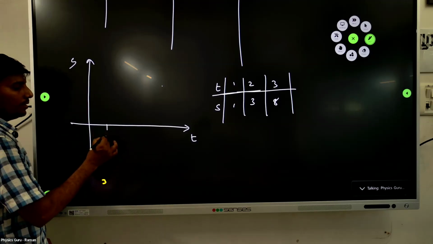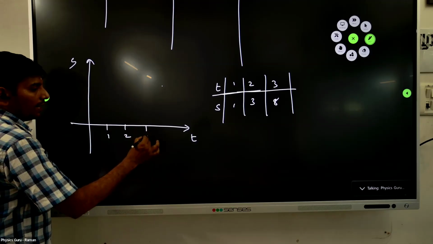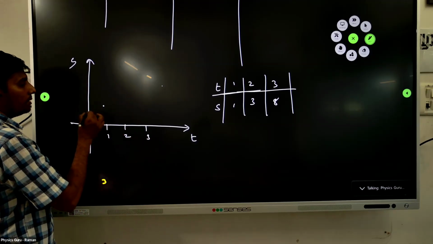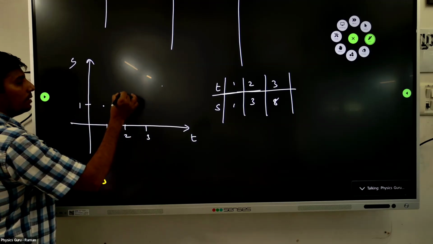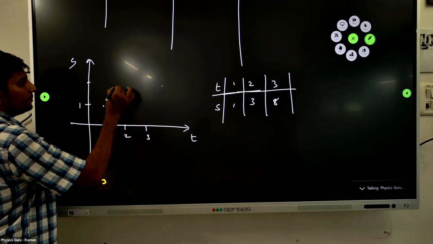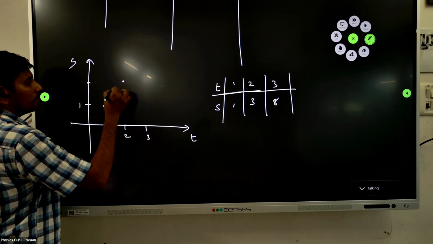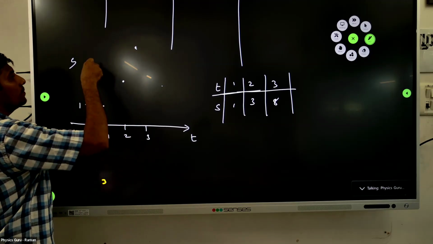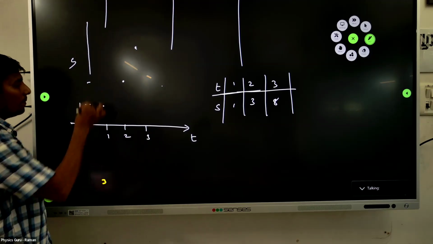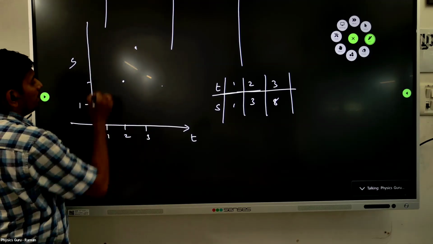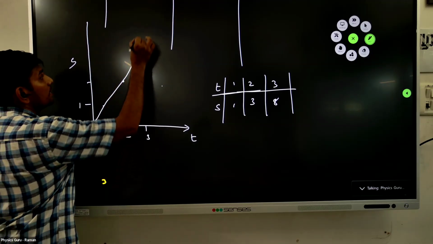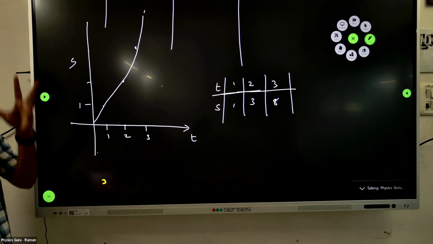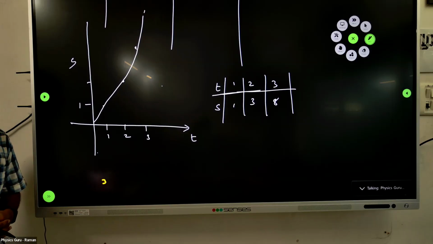So let's mark them here. 1, 2, and 3. Here I have 1 and 3, and then here I have something like 8. If I take the curve, it goes exponentially something like this, and it is growing.